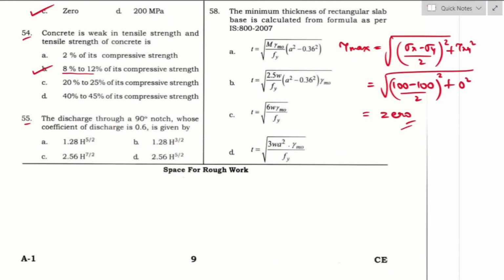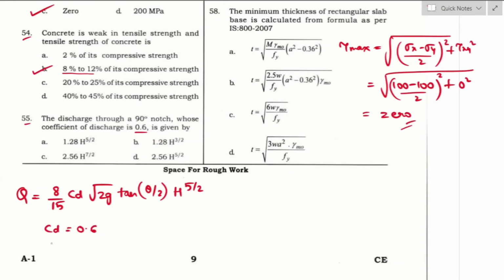Question number 55. The discharge through a 90-degree notch whose coefficient of discharge is 0.6 is given by. The discharge through a 90-degree notch is calculated by the formula 8 by 15 CD square root of 2g tan theta by 2 into h to the power of 5 by 2, where CD is coefficient of discharge, that is 0.6, g is acceleration due to gravity 9.81 meter per second square, and theta is 90 degree.